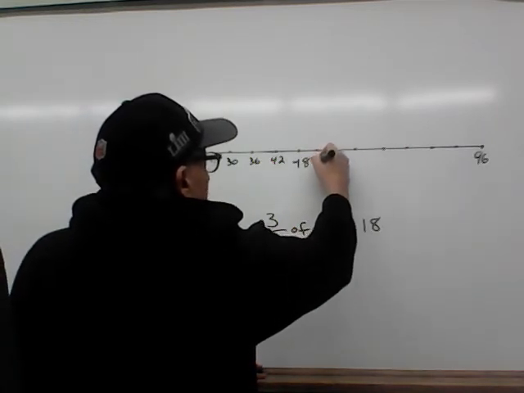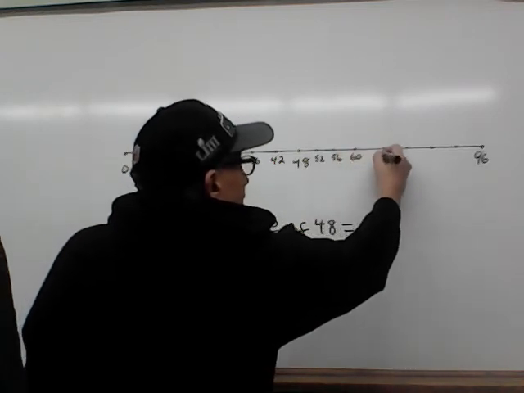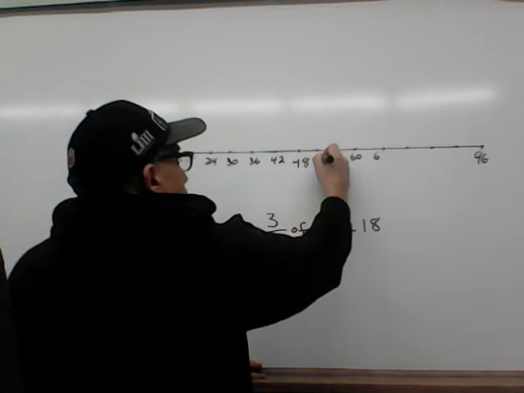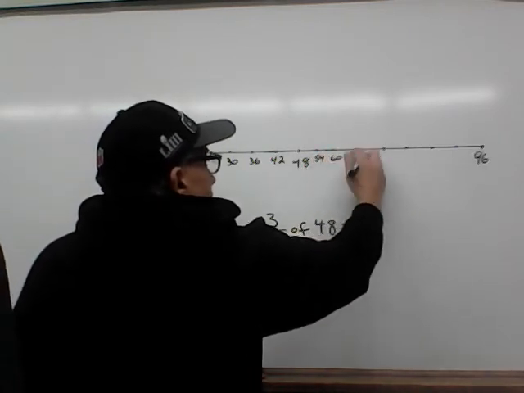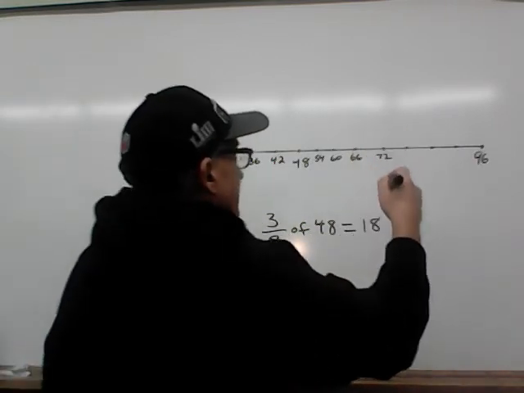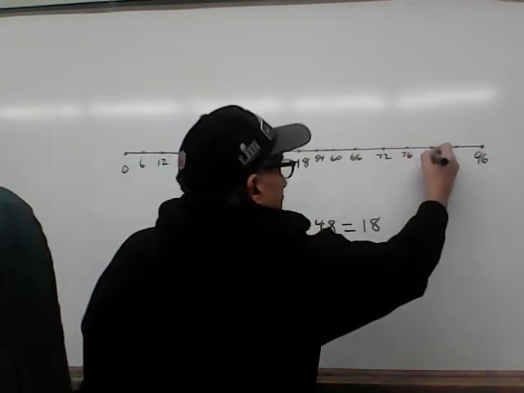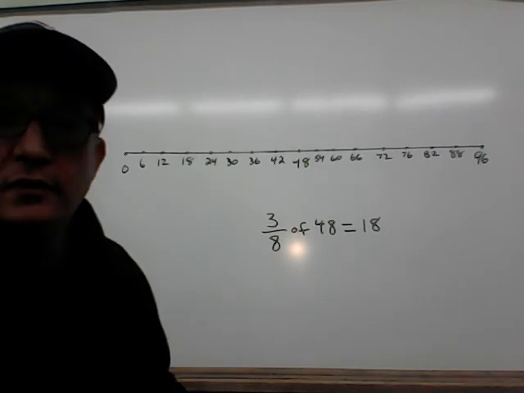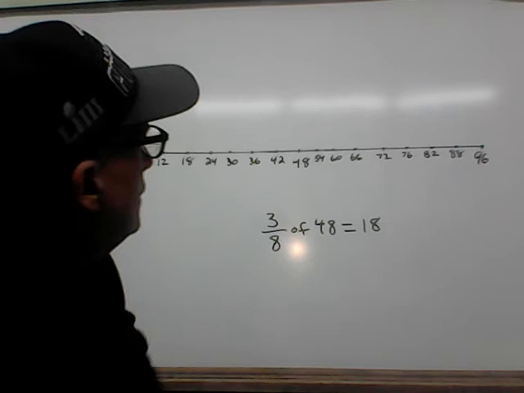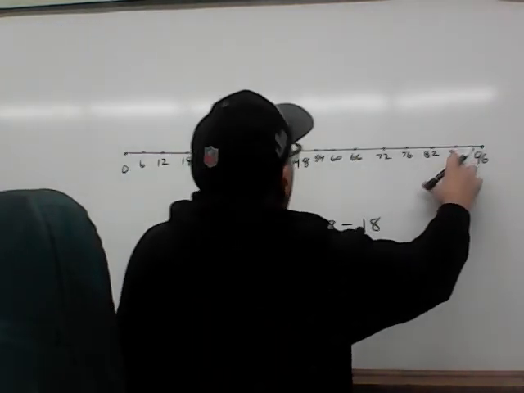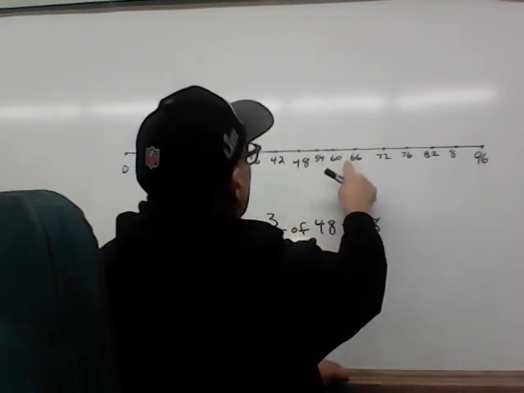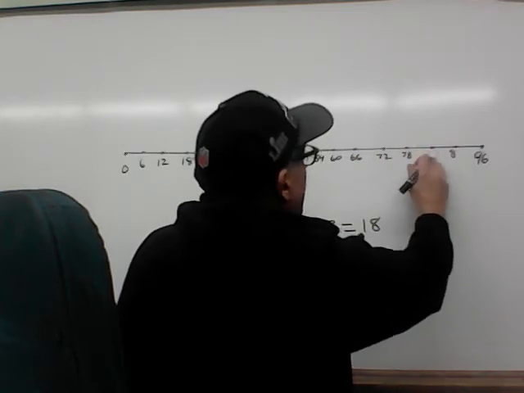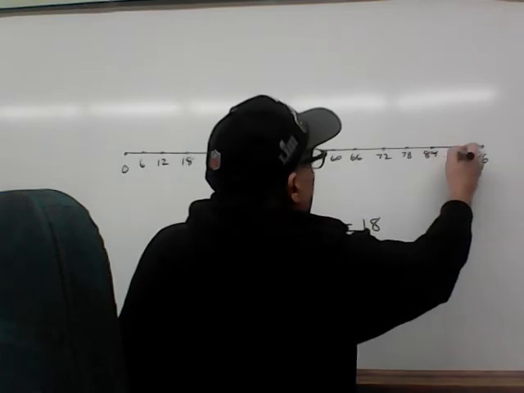Let's go. 54, 60, 66, 72, we're adding 6. 1/8 of 48 is 6. 78, 84, 90, and 96.